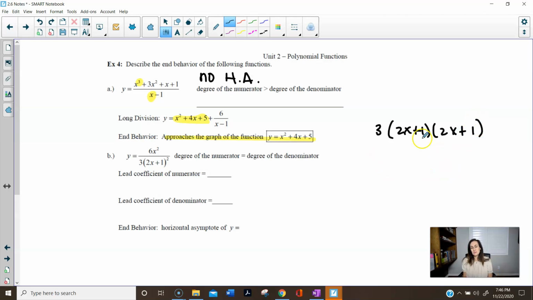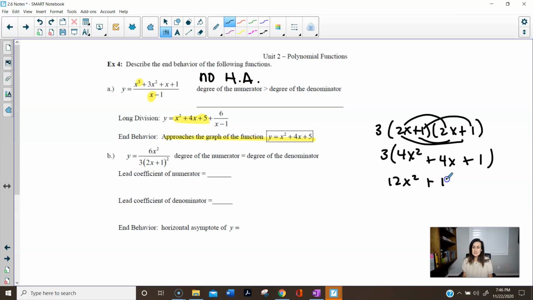And so multiplying that, I get 2x times 2x is 4x squared. Outside insides is plus 4x, and last times last is plus 1. And you would multiply that whole thing by 3. So the denominator here is going to be 12x squared plus 12x plus 1.